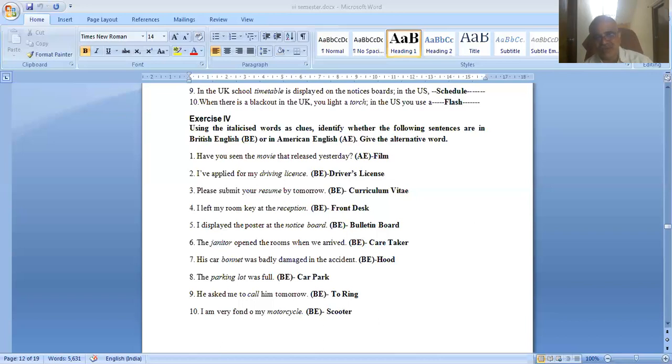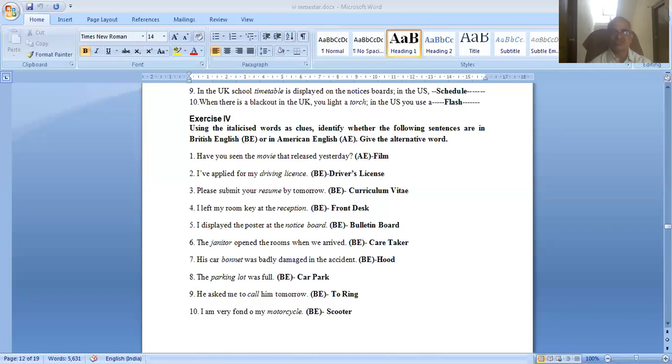And sentence number 4. I left my room key at the reception. So a person is saying that while coming out, I stopped and I left my key at the reception. At the entrance of a hotel there is a reception, and reception is a word commonly used by the British people.